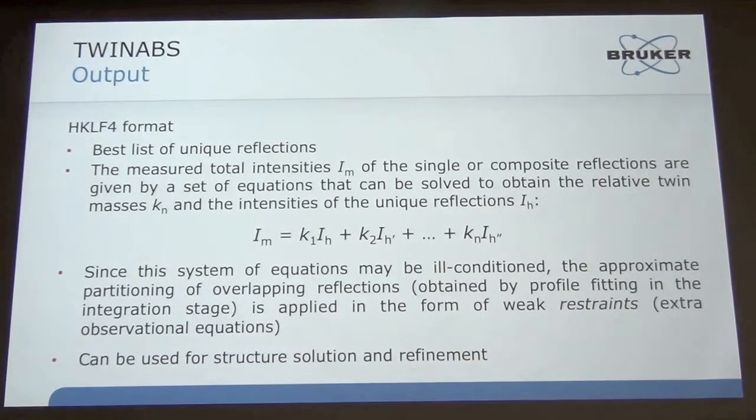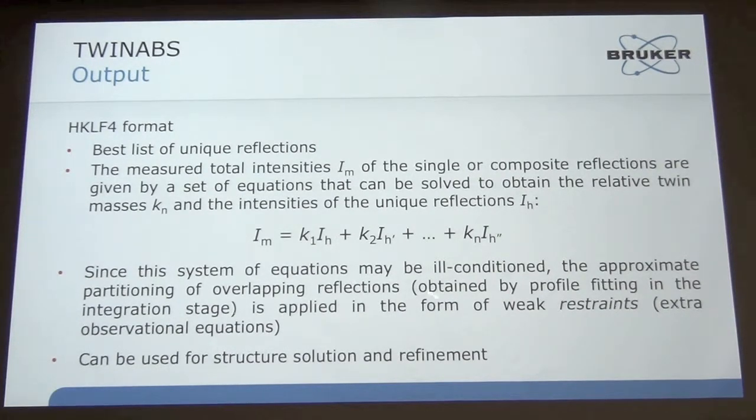The output from TWINABS comes in two different forms. He outputs detwinned data and twinned data. There is an HKLF4 format, in which he solves a set of almost linear equations. We have the measured intensities of the reflections, and then we look for the unknowns, which are the twin fractions, how much of each domain we have, and the actual contribution of each domain.